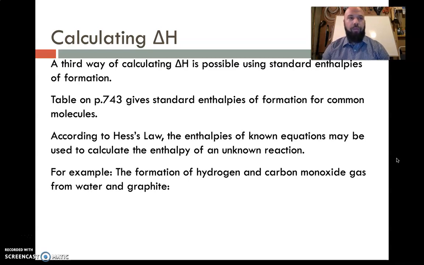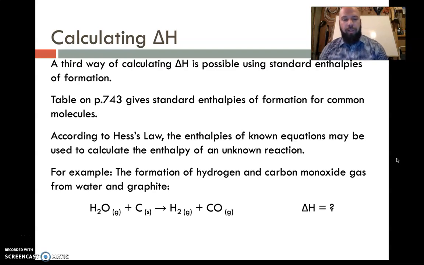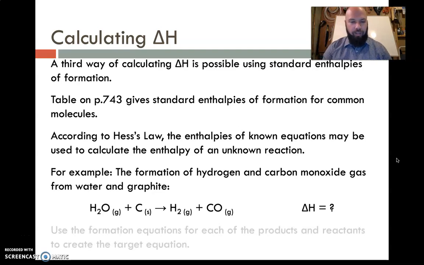Since you would be forming all of the molecules in a reaction from its standard states, then all your reactants and products would cancel out to arrive at essentially your target equation. The example here that you're looking at is the formation of hydrogen and carbon monoxide gas from water and graphite, where you could calculate those values by adding waters, carbons, and hydrogens together to get the delta H of the reaction.